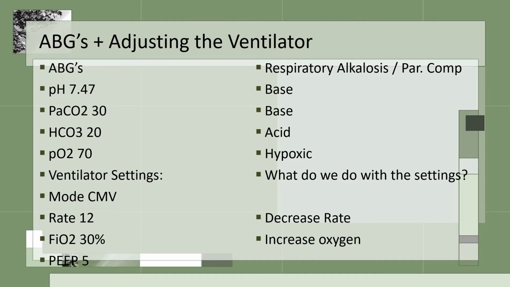They are also hypoxic. So what are we going to do? For the rate, what do we know about patients with respiratory alkalosis? What are they doing with their breathing? They're breathing too fast. So we will suggest the rate be decreased. Also, this patient's hypoxic. Normal is 80 to 100, so we want them to be in that range. So their oxygen needs to be increased.